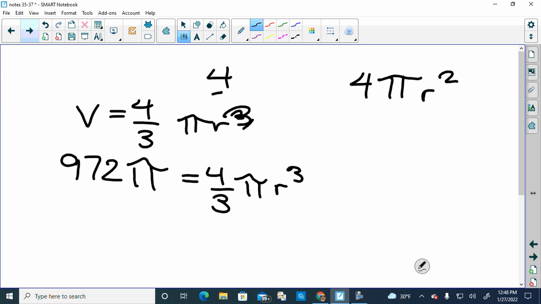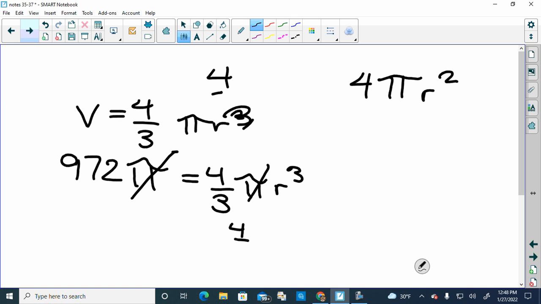Okay, so left side and right side, we're crossing off things. If I have a pi on this side, to get rid of it, it would be divide by pi, right? Well, technically, if I divide by pi, they just cancel each other out, so I'm not going to show it. It would leave a 1, but that's not going to change anything. Okay? So now I need to get r by itself.